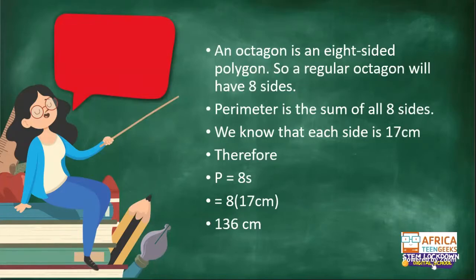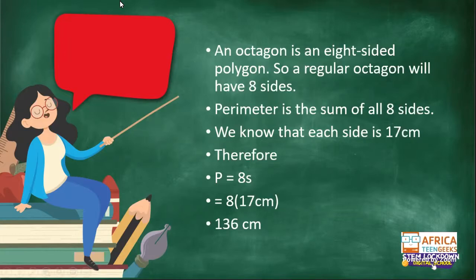Alternatively, as Junior has just said, you can just multiply 8 by 17. Remember that an octagon is an 8-sided polygon. So a regular octagon will have 8 sides, and the perimeter is the sum of all the 8 sides.